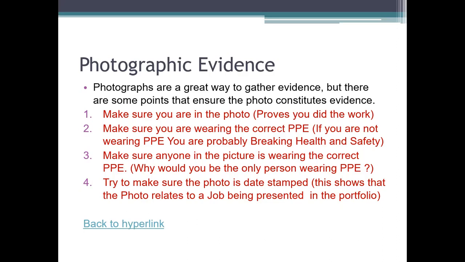So as an example, if you've done a job on 10th of October, then a date stamp on the bottom of the photograph saying the 10th of October brings that photograph in line with other evidence that you're gathering for a job you did on a given day, or if it's a longer job, over the given days of the job. Okay, so make sure you date stamp your photograph, and we can correlate that with the job, and we can say, yes, there's a photograph taken on that day, on that job, carrying out that activity.